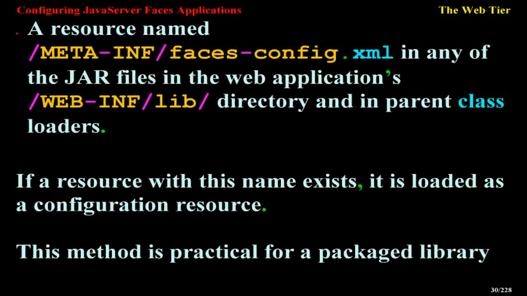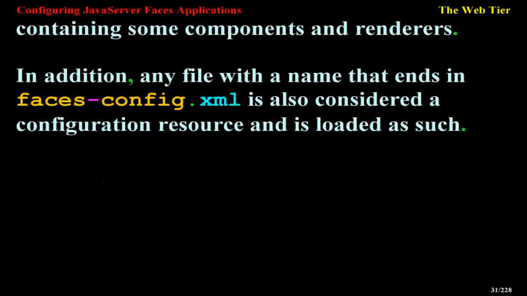If a resource with this name exists, it is loaded as a configuration resource. This method is practical for a packaged library containing some components and renderers.